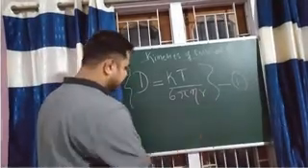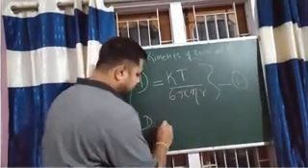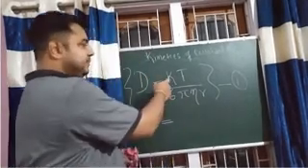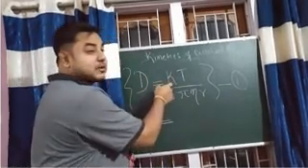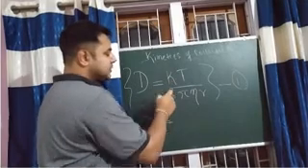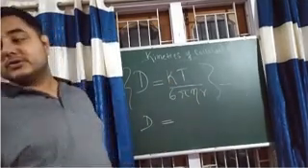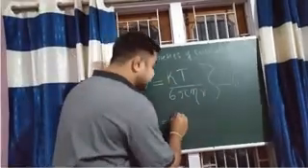This equation can be modified again. D can also be written as D equals RT divided by 6 pi eta r, where K is the Boltzmann constant. Here we can also use R, the natural gas constant.